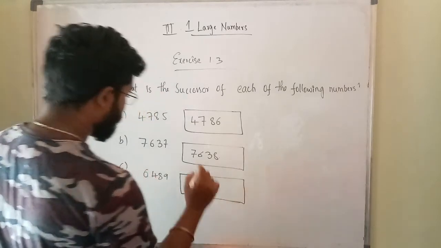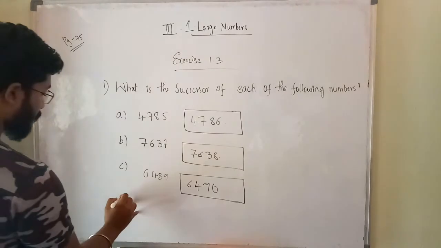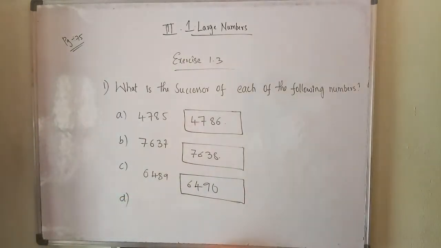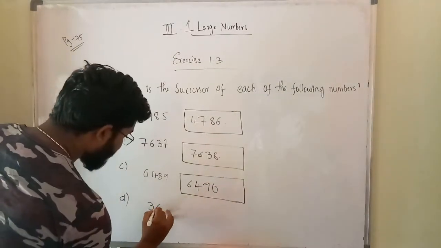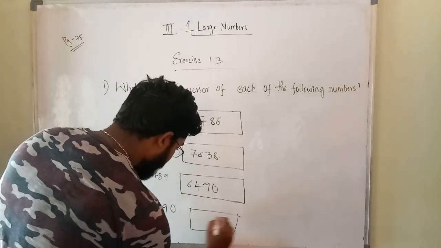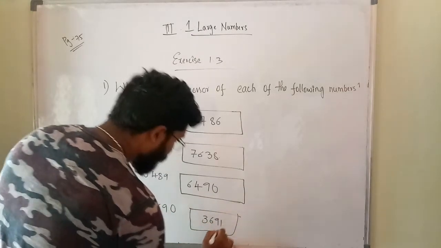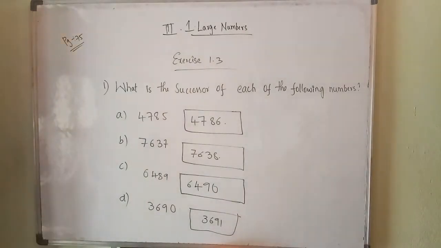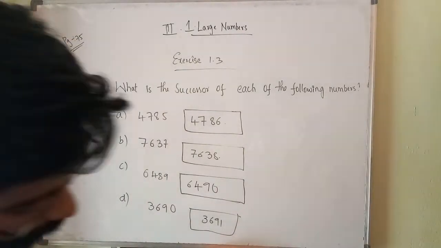Okay, next one. C is completed, no? Next one, D. 3690. After that, what you will get? The successor, 3691. So these are the successors. So up to D we have completed.